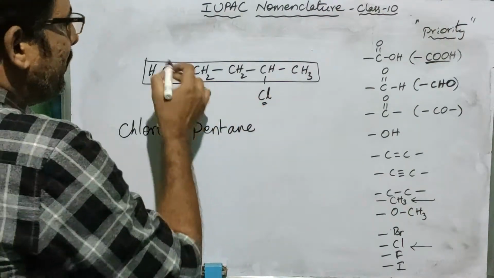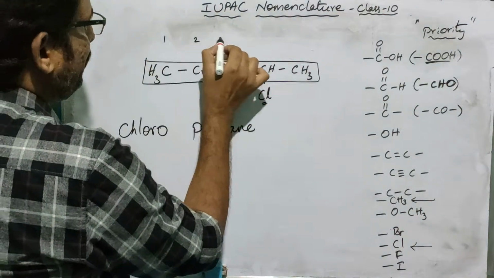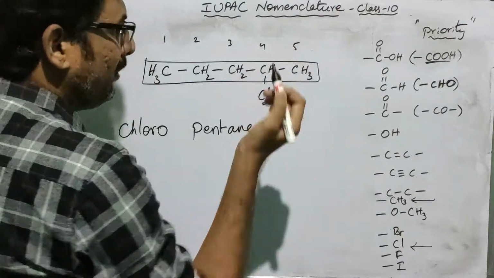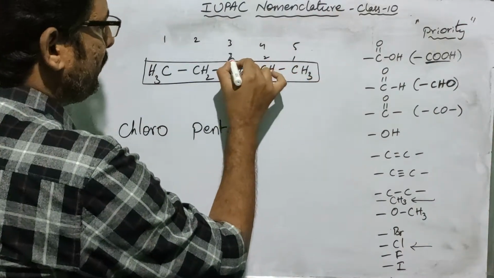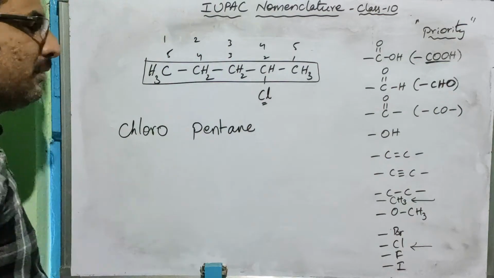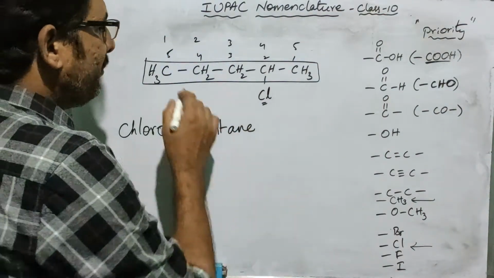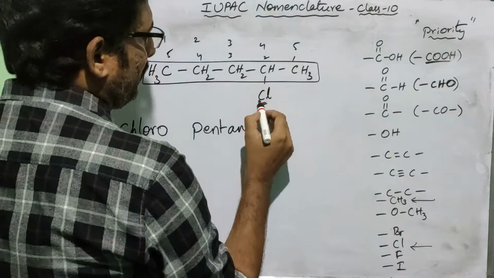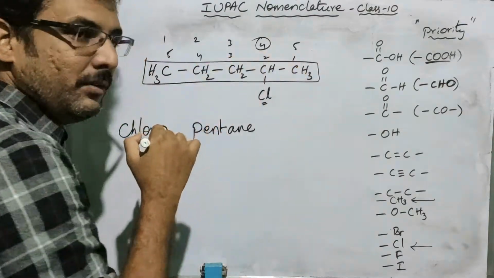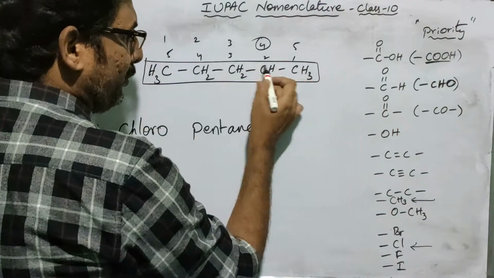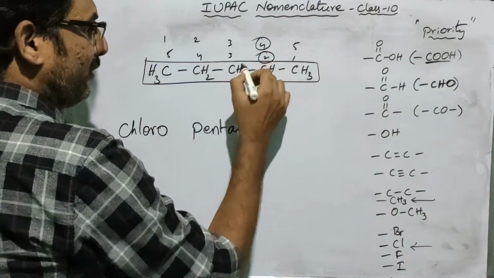Again you can give numbering in two ways: 1, 2, 3, 4, 5, or 1, 2, 3, 4, 5. Which one is the correct method? If you give numbering from left to right, chlorine will be on the fourth carbon. If you give numbering from right to left, 1, 2, 3, chlorine will be on the second carbon.